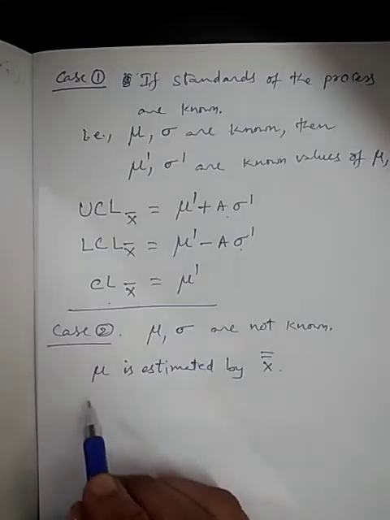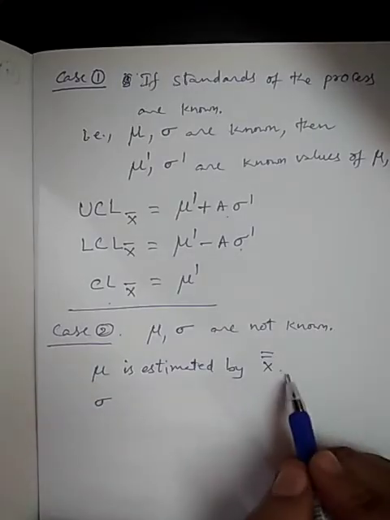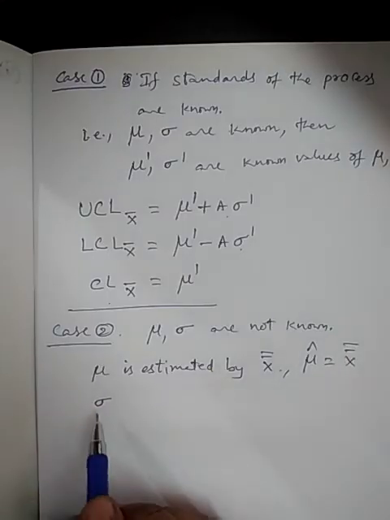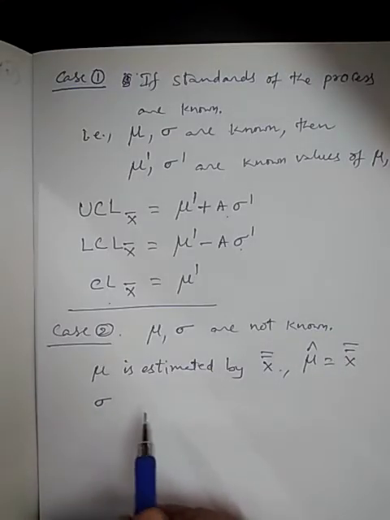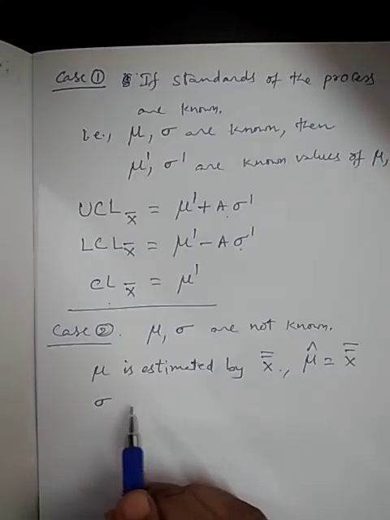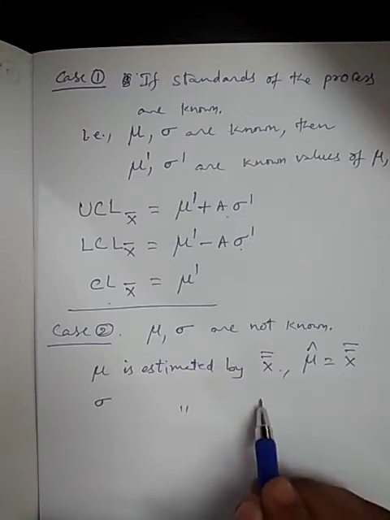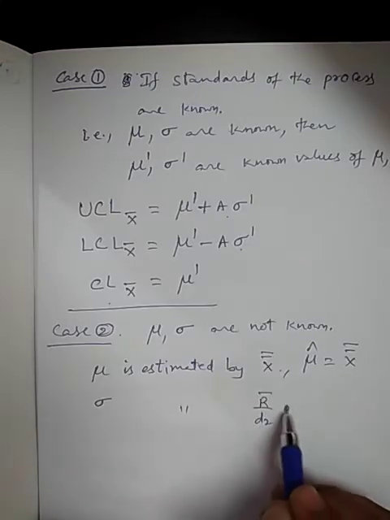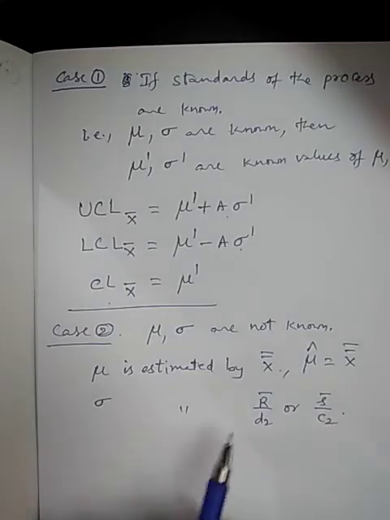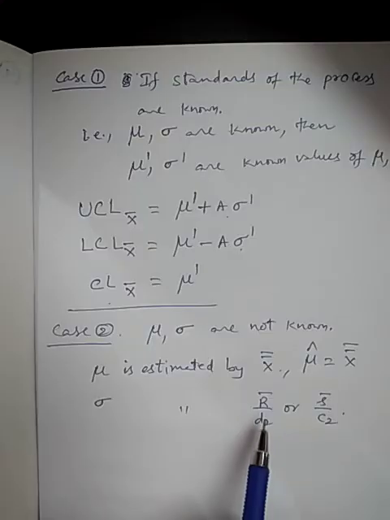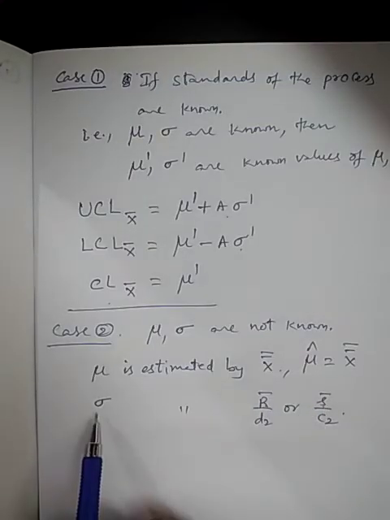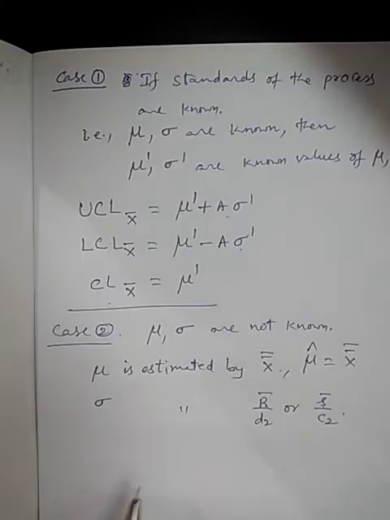Mu cron is equal to x double bar, whereas sigma is estimated in two particular ways. Sigma is estimated by either r bar by d2 or s bar by c2. We can estimate sigma by using the sample range or by using the sample standard deviation. How? I explain.